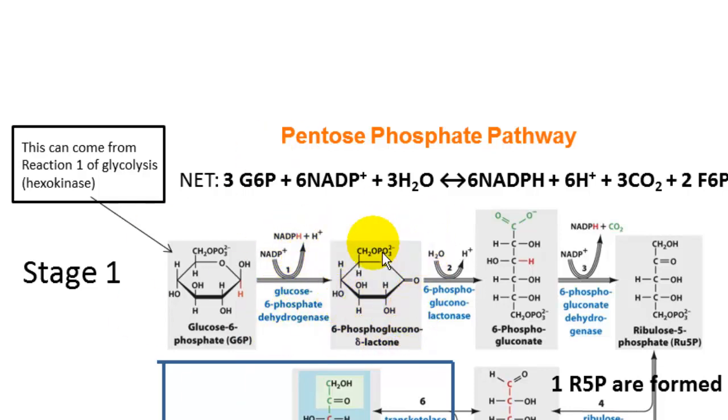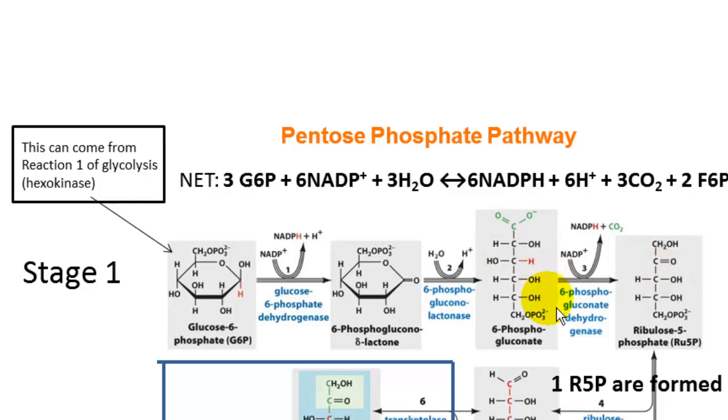The 6-phosphoglucono-lactone can actually break apart rather easily through a ring opening. If it doesn't do it spontaneously, it does it through the second enzyme in the pathway, and that's 6-phosphogluconolactonase. That's just a ring opening. That 6-phosphogluconate is the substrate for the second redox reaction in the pentose phosphate pathway, and that is the generation of ribulose 5-phosphate.